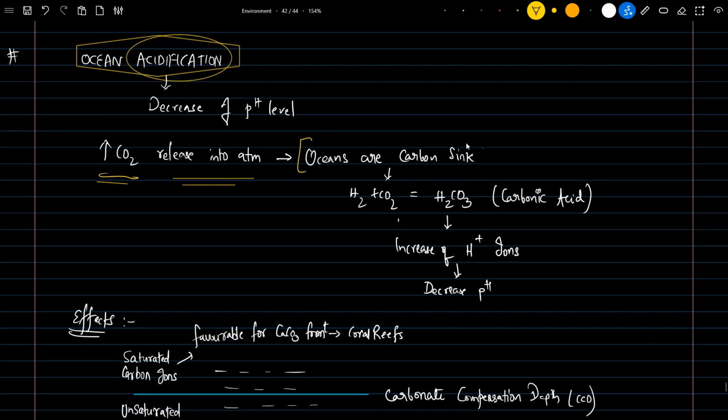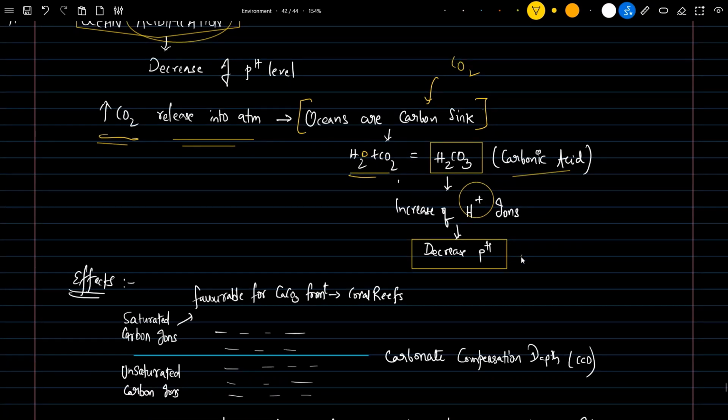Oceans, as we know, act as a carbon sink, so this CO2 is absorbed by the oceans. H2O is the water, and CO2 is absorbed by this water, which is the ocean. This leads to formation of H2CO3, which is carbonic acid. It means H+ ions are increasing, and whenever H+ ions are increasing, pH is decreasing. This leads to ocean acidification.